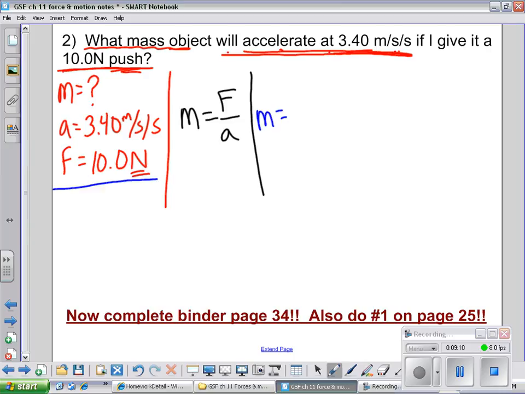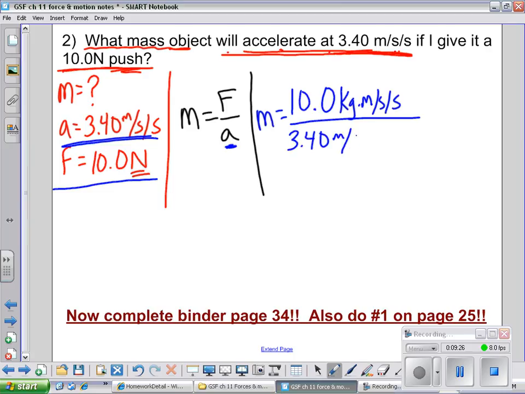So this is where I was saying, instead of writing 10 Newtons, I'm going to write 10.0 Newtons. I'm going to write what a Newton is equal to, which is a kilogram times a meter per second per second. The reason I'm going to do that is then when I substitute my A on the bottom, my 3.40 meters per second per second, when I divide those, mathematically, I'm going to get 2.94, but I can see I have meters per second per second on top and on bottom, so those are going to cancel out, and I'm left with kilograms.